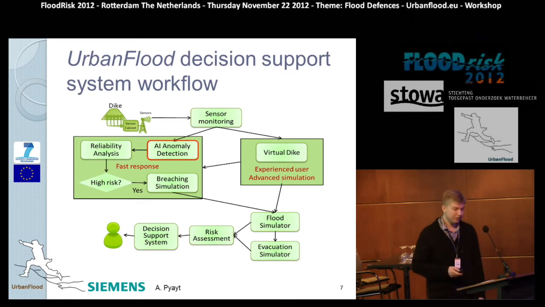If we identify some strange behavior in sensors, we make an alarm, and this alarm is checked by HR Wingford models, and it might be also checked by the virtual dike model developed by University of Amsterdam. But this is a computationally heavy model, and it can't be used for online monitoring. And fast response models might be used for real-time dike behavior assessment.